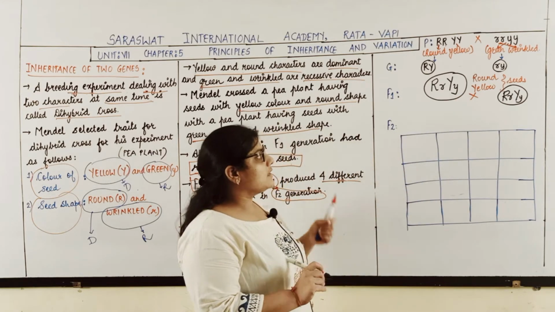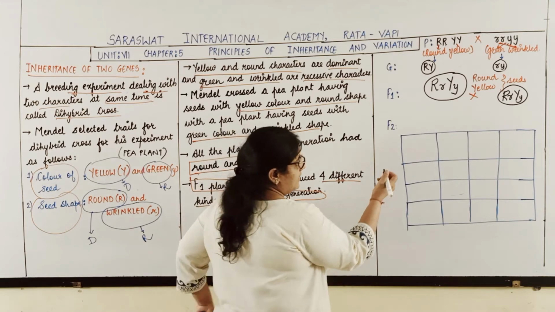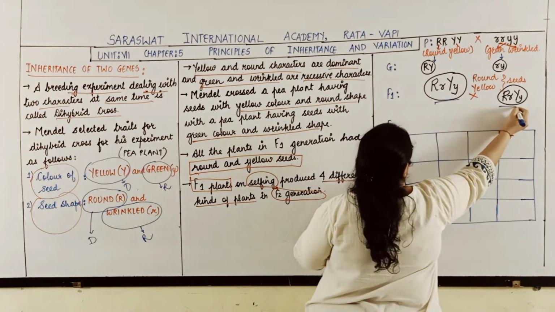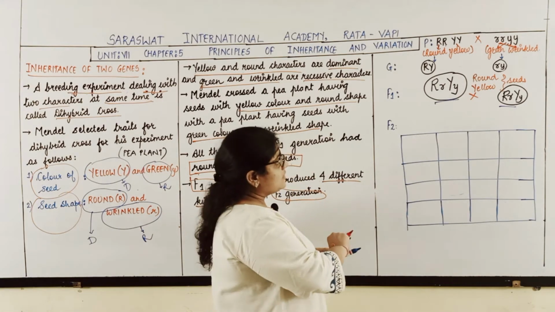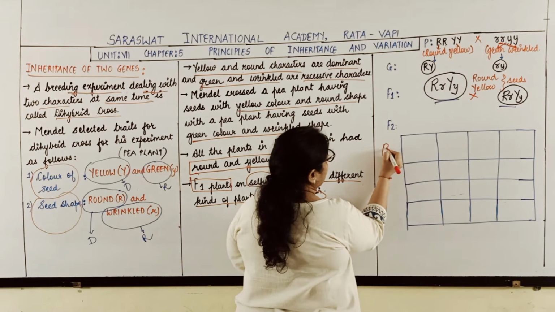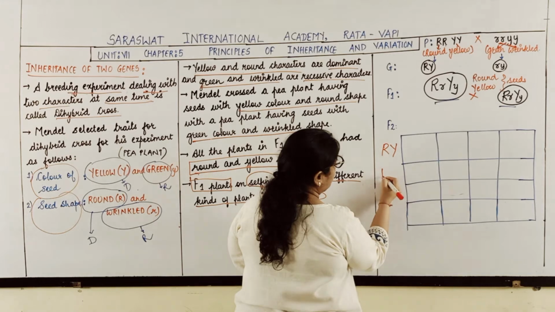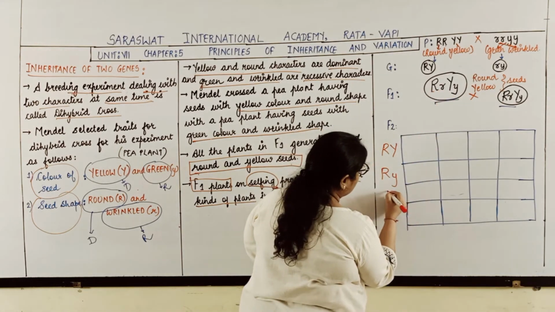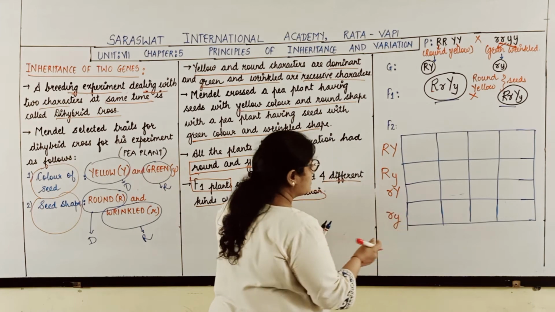Now students, what different combinations of gametes do we obtain? See students, the gametes for this and this will be the same. So first of all, we will write the gametes: capital R with capital Y, capital R with small y, small r with capital Y, and small r with small y.